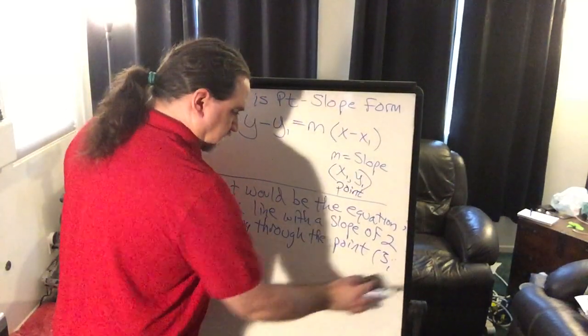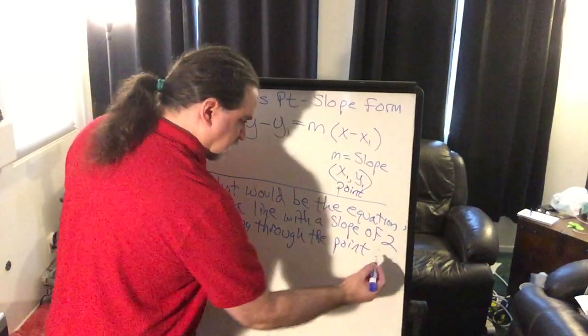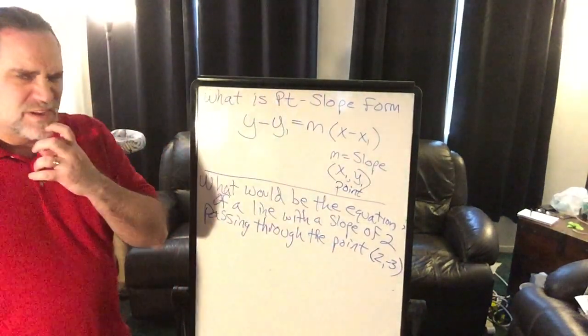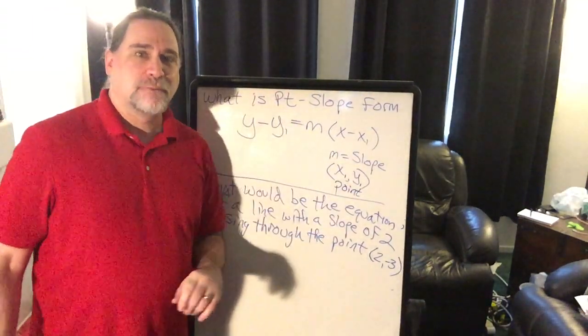You know what? Actually, let's make it 2, -3. We need a negative because it's going to matter.